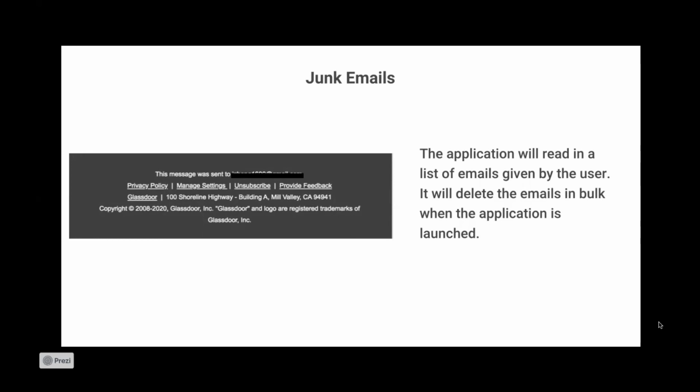But because of the time crunch and a couple of issues that we ran into, I switched tracks, and instead the application would be given a list of emails by the user that they would want to delete, and it would just delete in bulk the emails that they wanted to be gone when the application is launched.